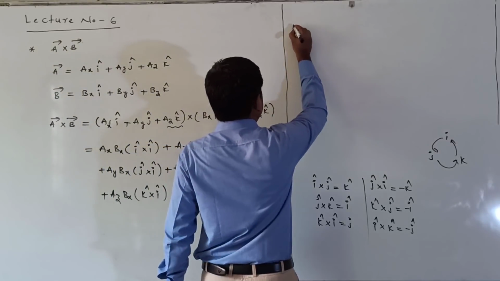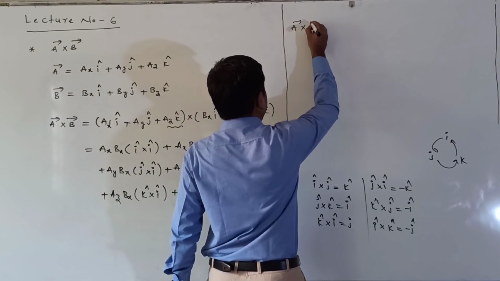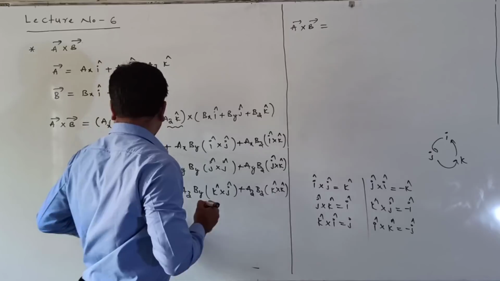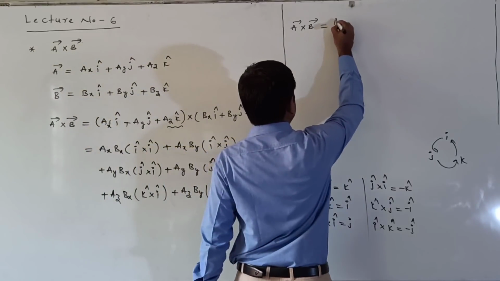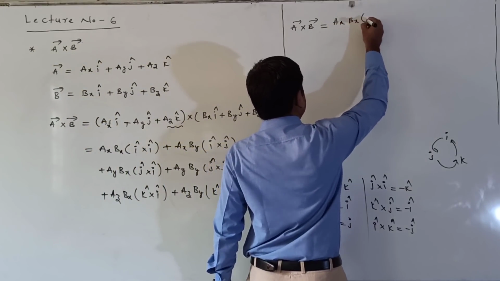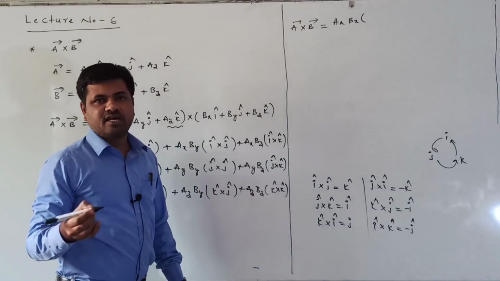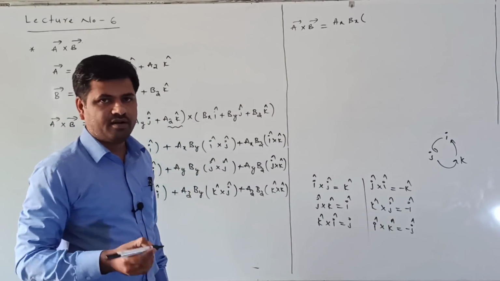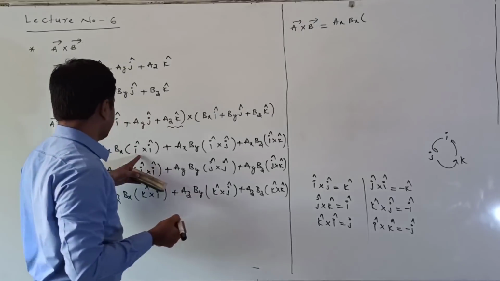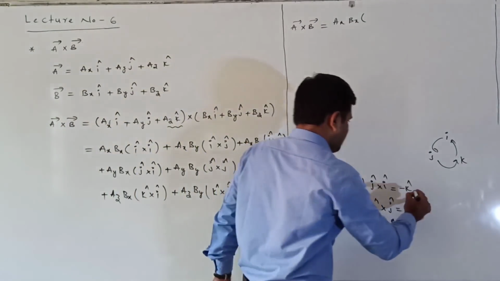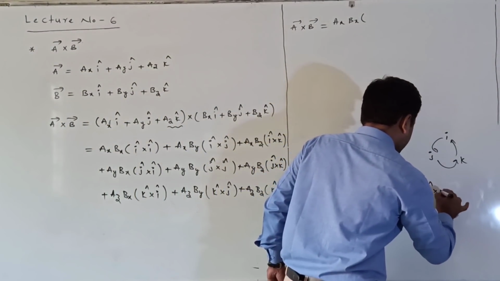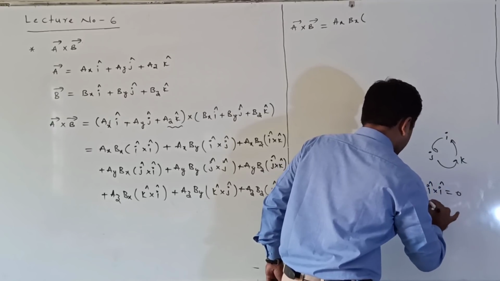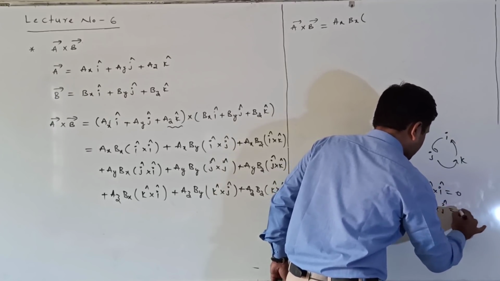Now I am writing all these terms here. This is A bar cross B bar is equal to AX into BX. Same unit vectors, their cross product is 0. Already we derived this one. I cap cross I cap is equal to 0. Similarly J cap cross J cap is equal to 0.